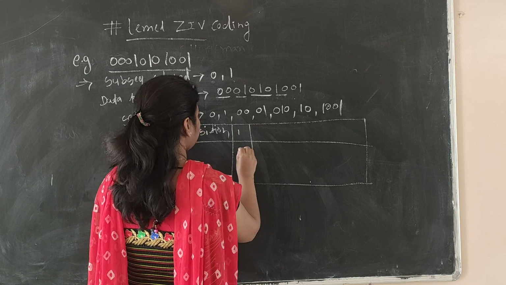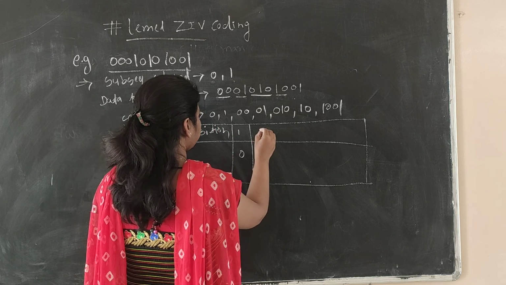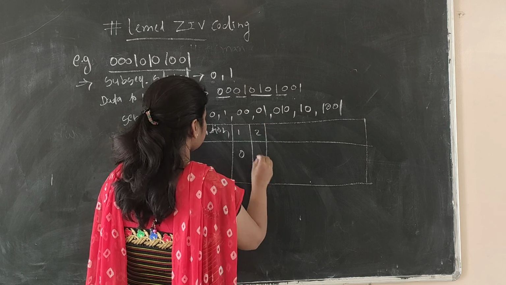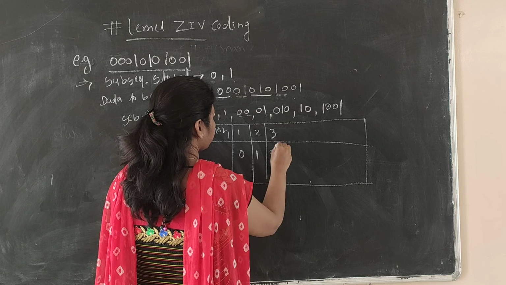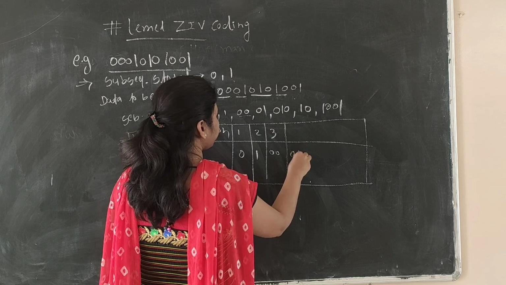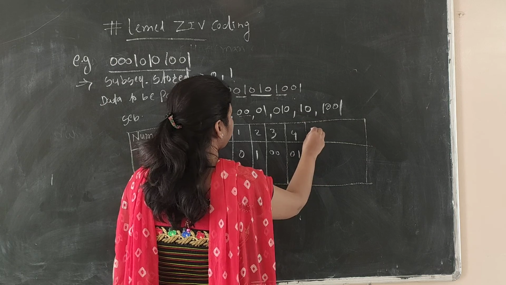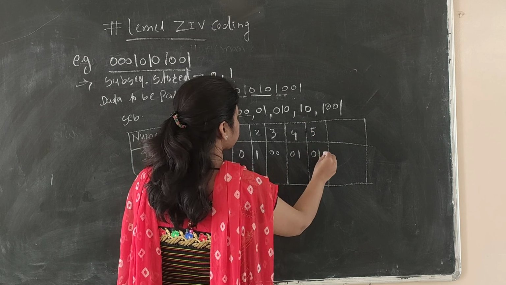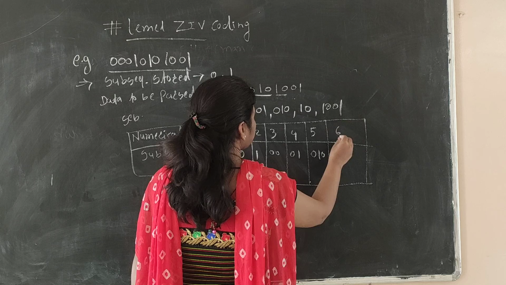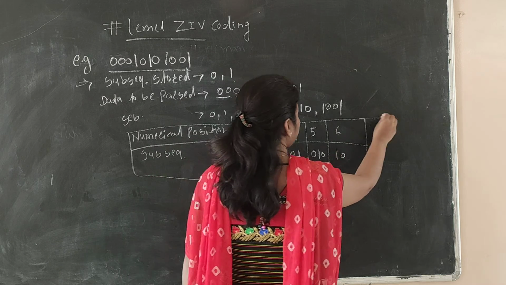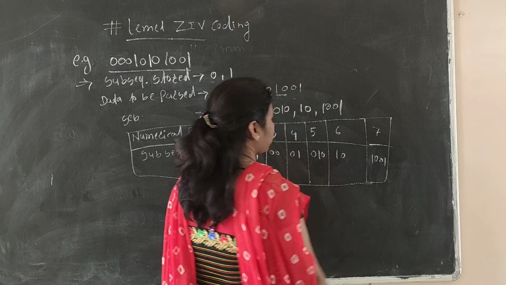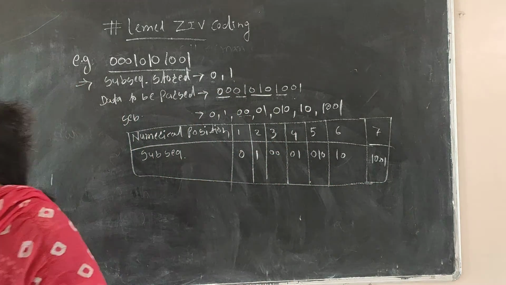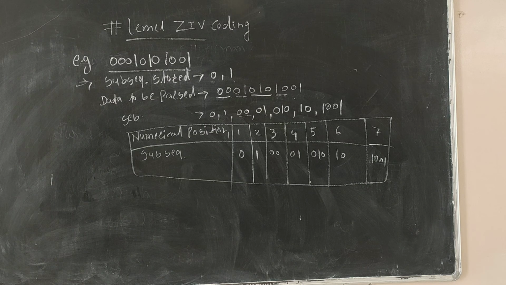Here first is 0, 2 is 1, then 3 is 0 0, then 4 is 0 1, 5 is 0 1 0, 6 is 1 0, and 7 is 1 0 0 1. These are the numerical positions for the given subsequences.